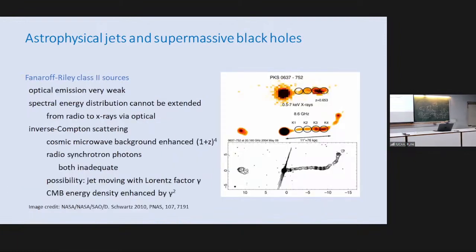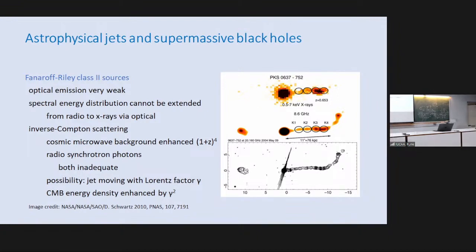But if I look at the Fanaroff-Riley class 2 sources, which have very asymmetric jets and prominent hotspots, that spectral distribution cannot be extended. So one has to invoke some other process like inverse Compton scattering, but one also finds that it doesn't provide a very satisfactory explanation.